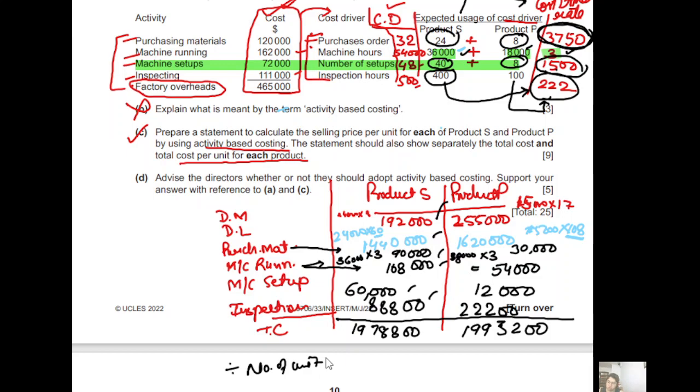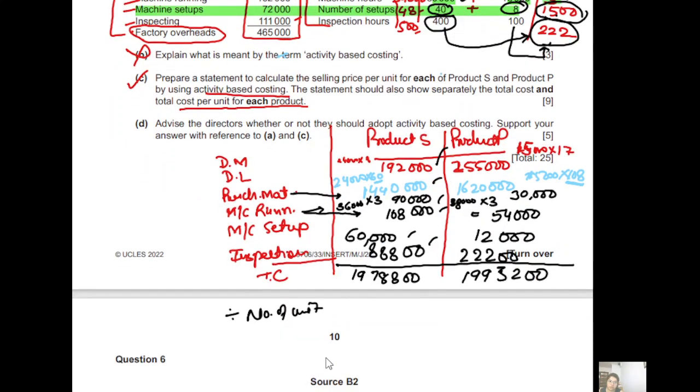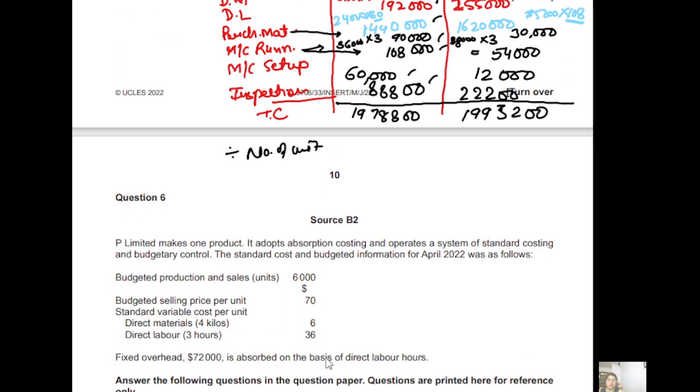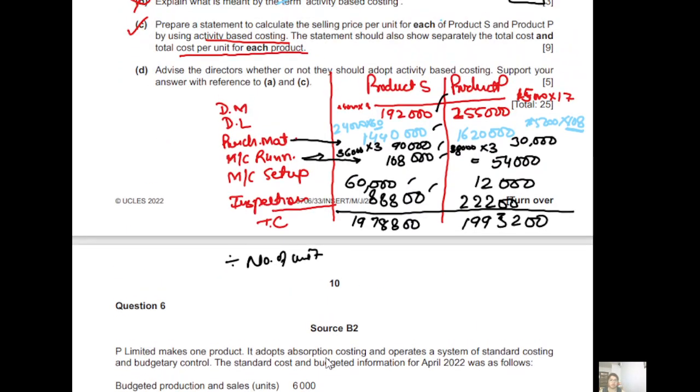After that, because they want you to find out the cost per unit, the number of units: in production, for product S they produce 24,000, and for the next product P they produce 15,000. If you divide total cost by number of units, then you will find your cost per unit.